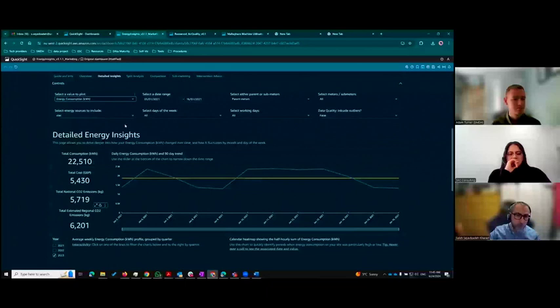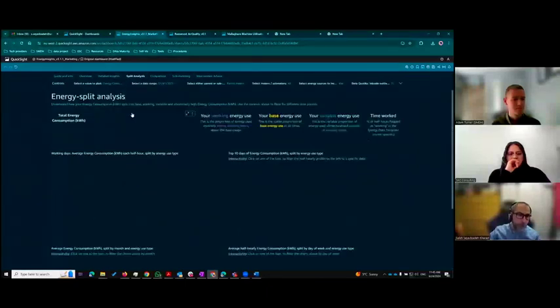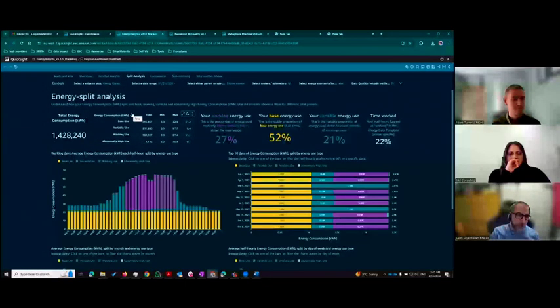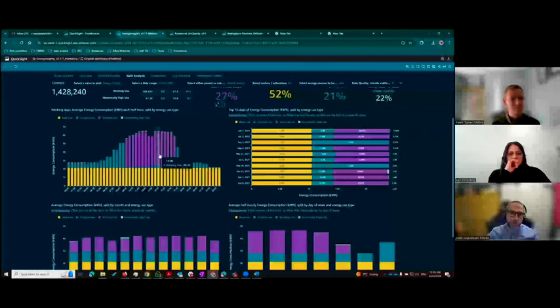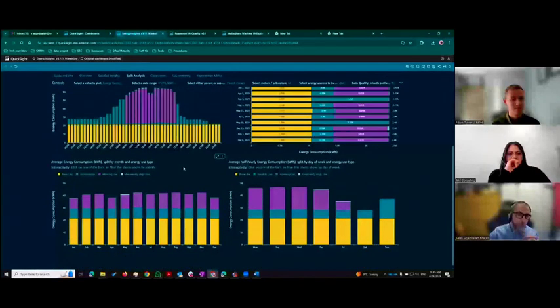CO2 emission. We have split analysis giving more detail on how our energy consumption looks for a working day and for different weeks, also the top 10 days by energy consumption, and split by months, showing how we are using energy. For example, how our working load is, and if there is abnormally high usage.